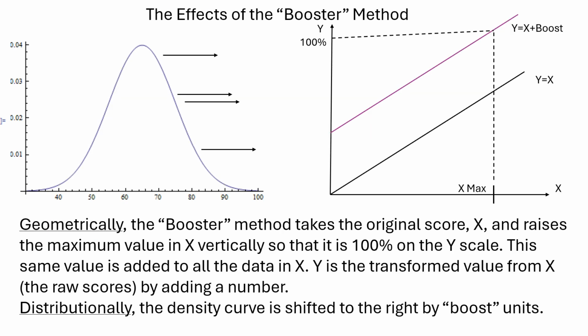Let's look at the effects of the booster method in more detail. First, let's examine the graph on the right side here, which has the original scores x's along the horizontal axis, and the transformed or adjusted scores along the vertical axis up here. And this line here is the identity line, so that is y equals x.